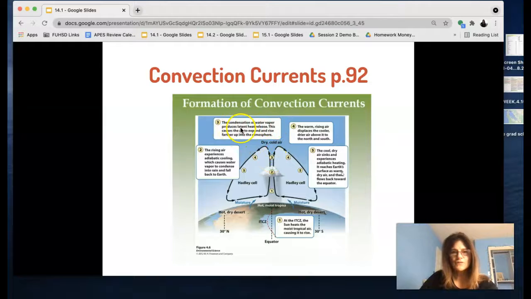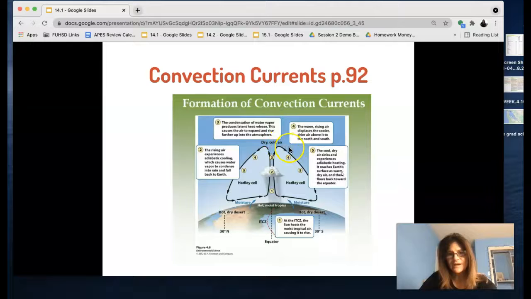The condensation of water vapor produces latent heat release. And this causes the air to expand and continue to rise farther up into the atmosphere. And as it does that, it's going to encounter some dry, cold air, and it's going to displace that. It's going to push it out to the north and south.